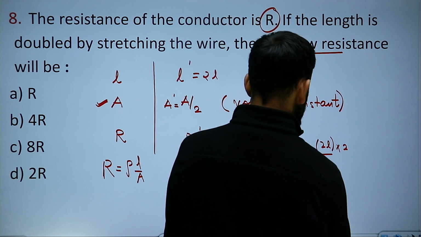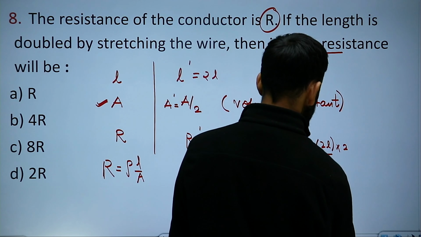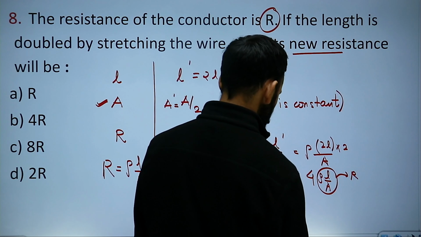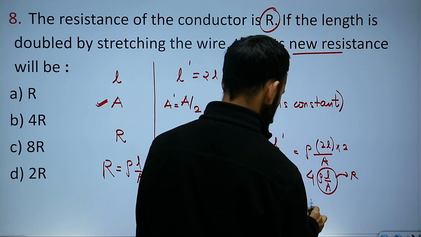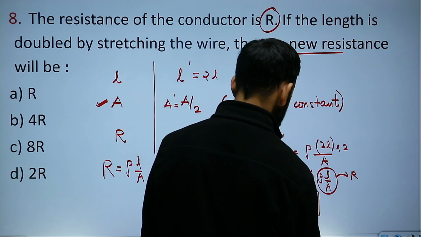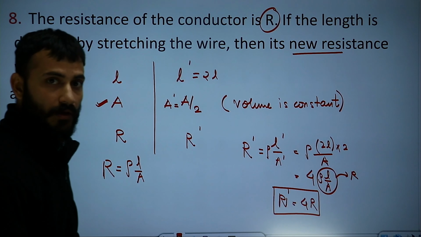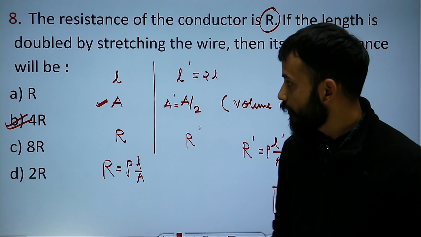So here I can write 4 rho L by A, which represents our initial resistance. So R dash can be written as 4 times of R. So our B option will be the correct answer.